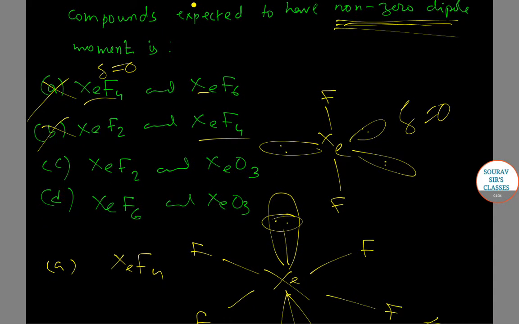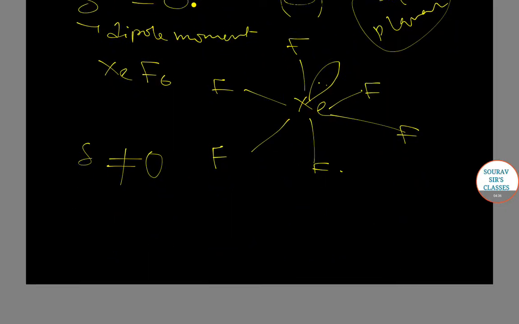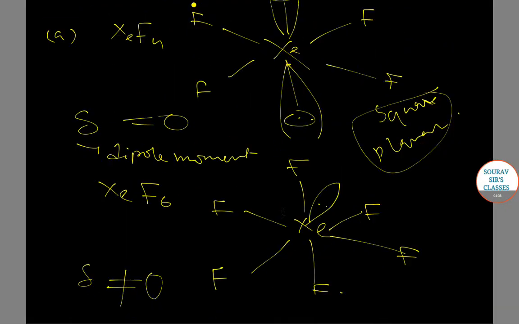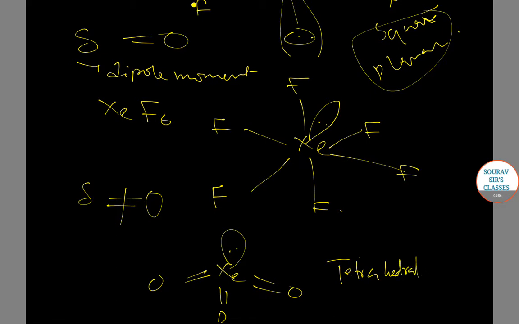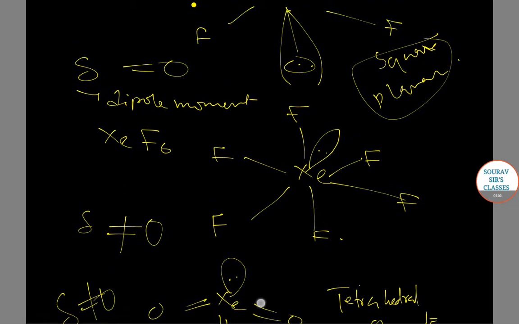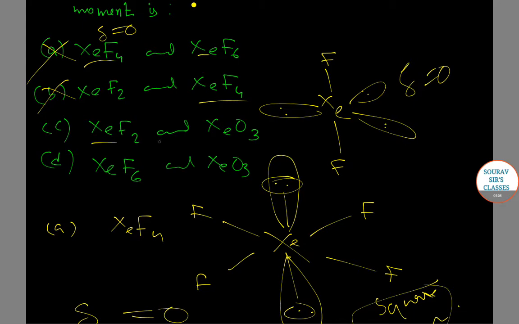For XeF2 and XeO3, XeO3 has a structure like here there is an Xe and then double bond O, double bond O, double bond O, and a lone pair over here. So this has a tetrahedral structure and the dipole moment is not equals to 0, but here we have XeF2 and XeO3.